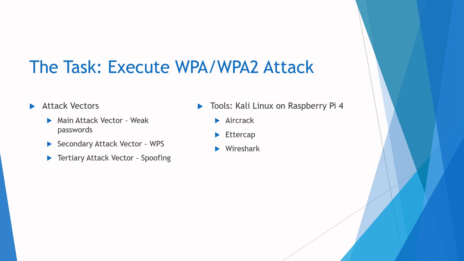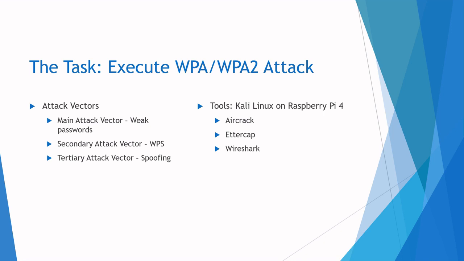The main attack vector I will be focusing on is weak passwords. These are passwords that do not conform to current password standards and are very susceptible to attack and cracking. The secondary attack vector is the WPS that was mentioned, and the WPS setting on routers and APs has the ability of bypassing all the encryption with the use of an 8-digit PIN code.